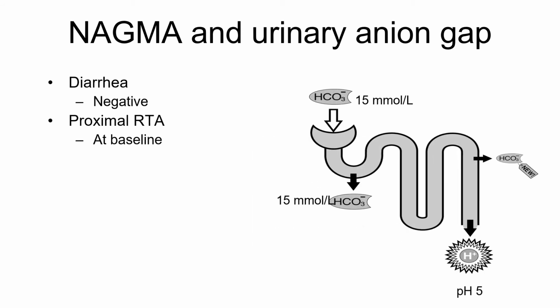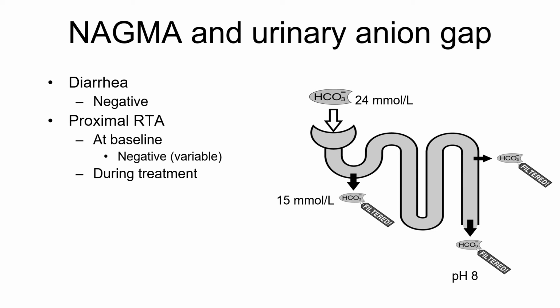So at baseline, when the amount of filtered bicarbonate is at Tmax, there is nothing wrong with the distal tubule, and the urine anion gap may be negative, or it may depend on how much hydrogen ion the patient is consuming every day.